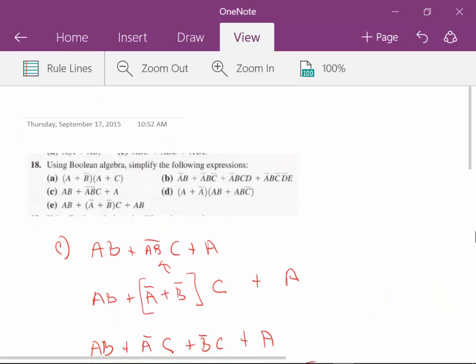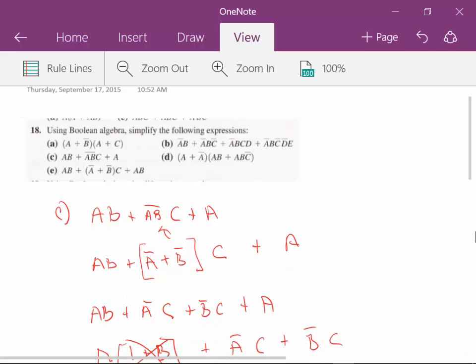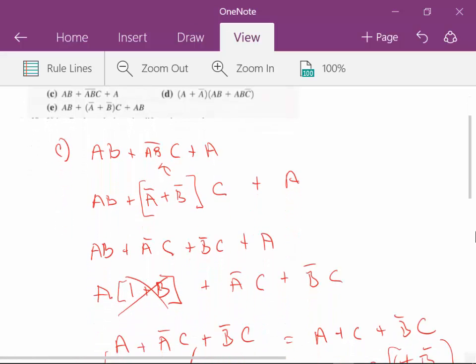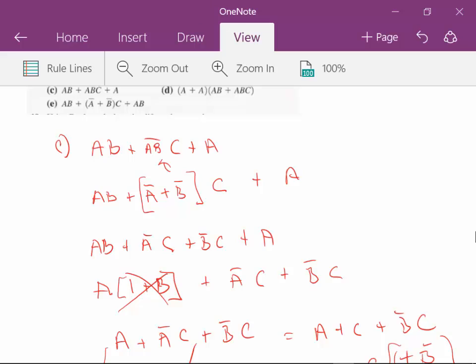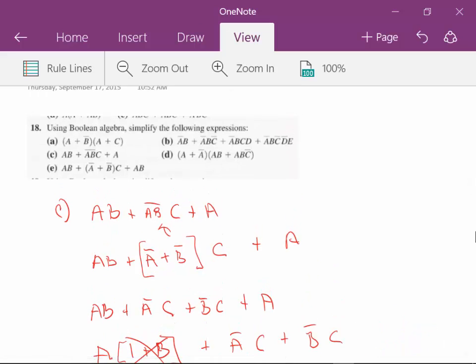So I said I was going to do E, right? E was the other one I was going to do. And E actually turns out to be very easy. E is a little weird, because if you notice E right off the bat, you can make one of those disappear. They're repeated.